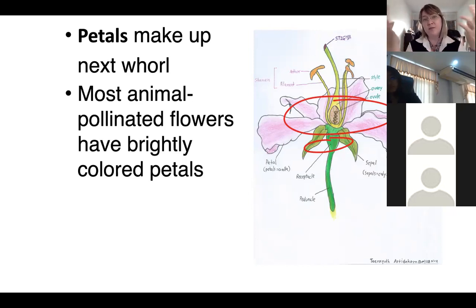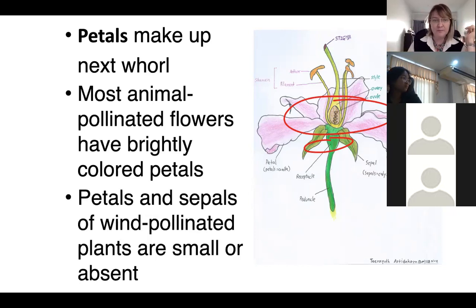Plants that are pollinated by honeybees will produce only yellow or red flowers because that's the species that pollinates them. The petals and sepals of wind-pollinated plants are going to be very small or even absent.